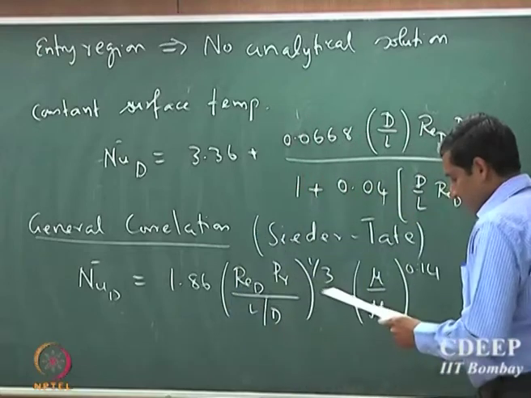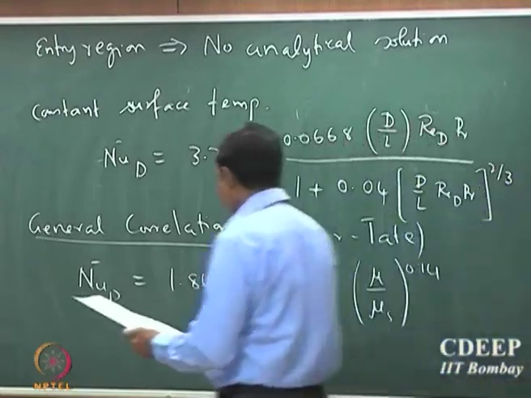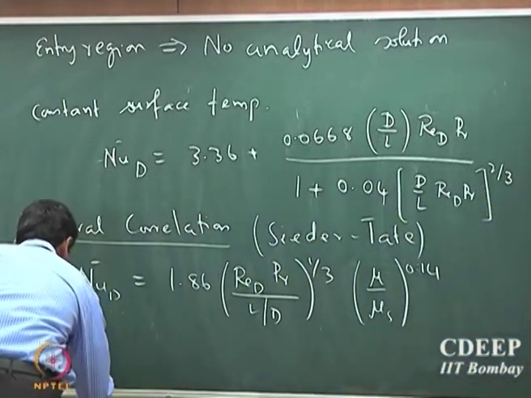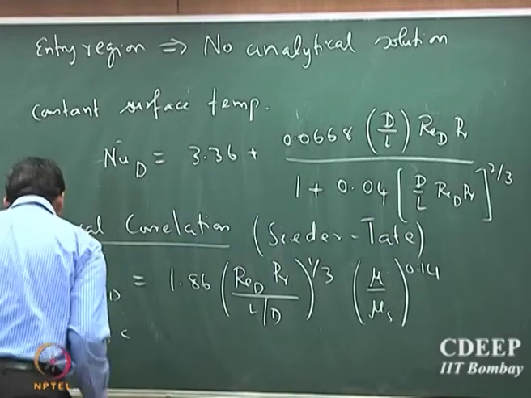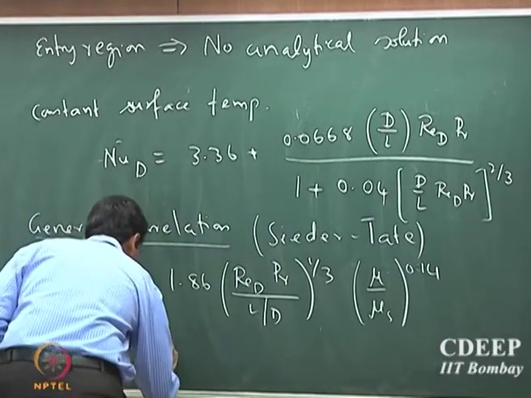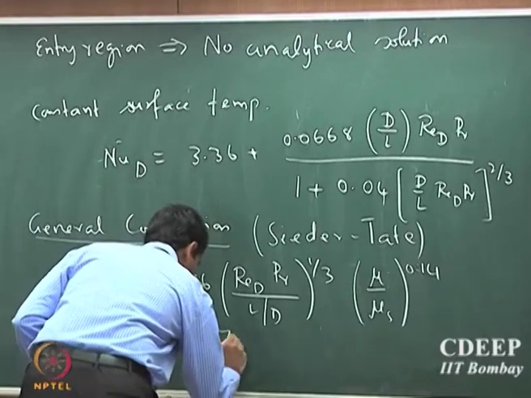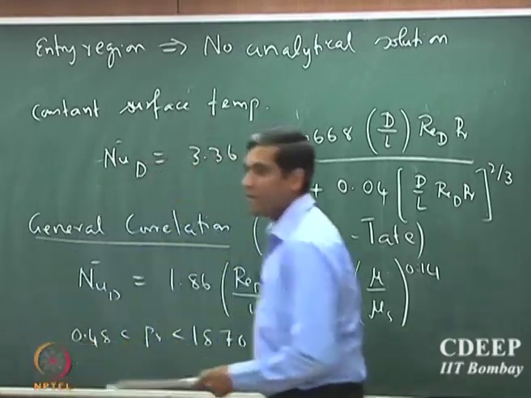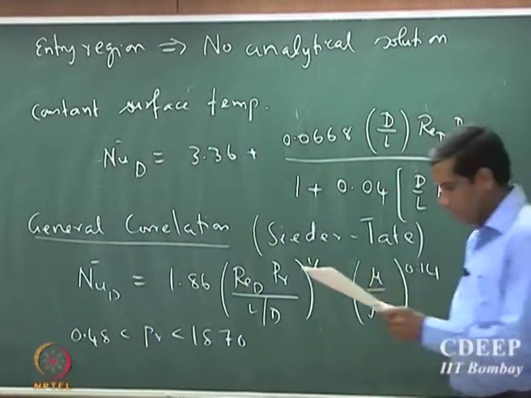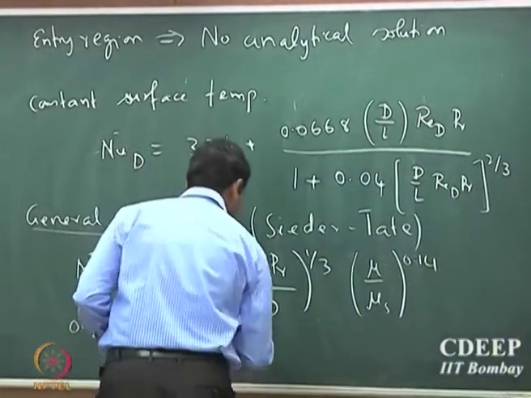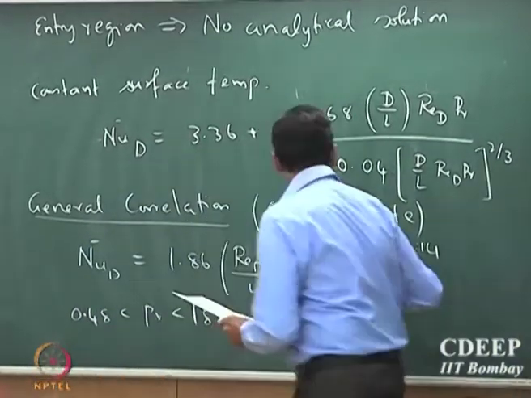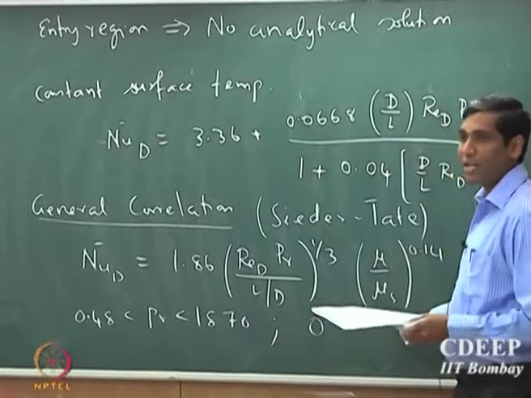This correlation is valid when Prandtl number is between 0.48 and 1870, and the ratio of mu to mu s.